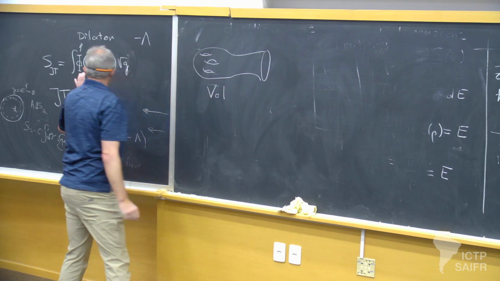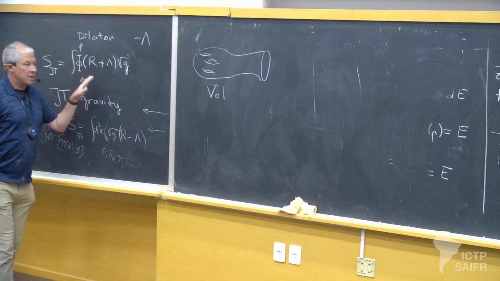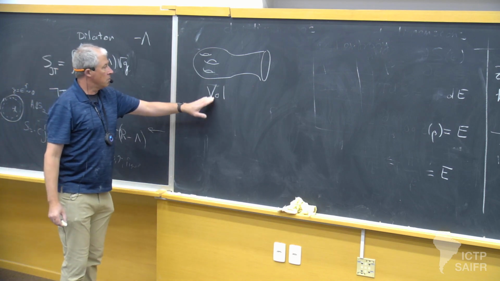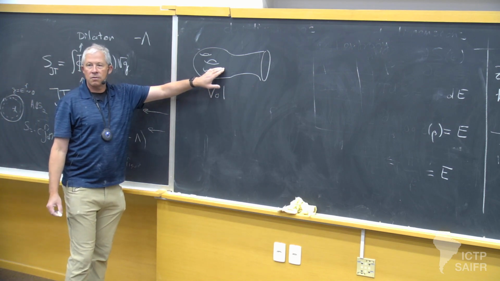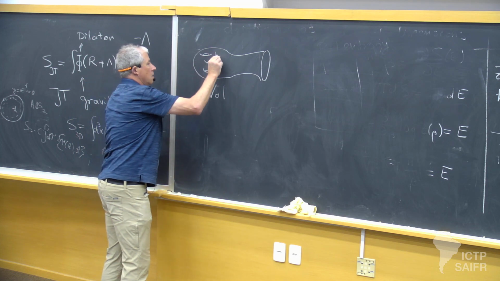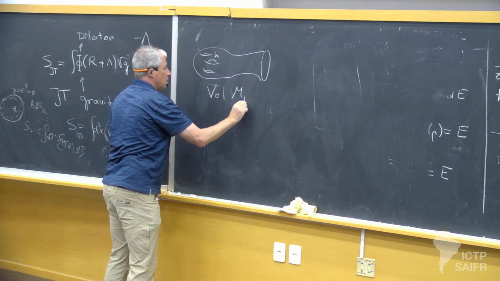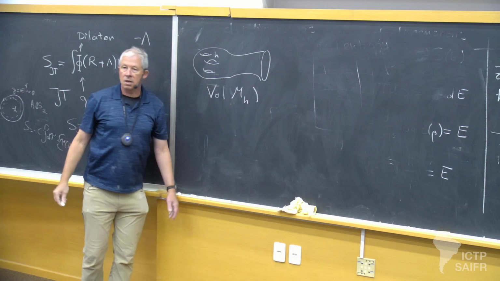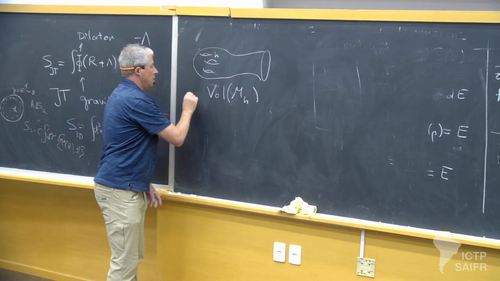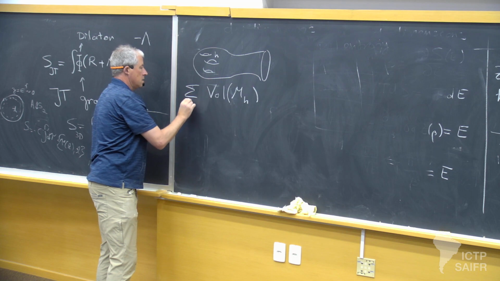It turns out that the partition function of this JT gravity is basically given by the volume of the space of constant curvature metrics. If you have h handles, there's some moduli space of the thing with h handles. You can compute the volume. You can sum over this.